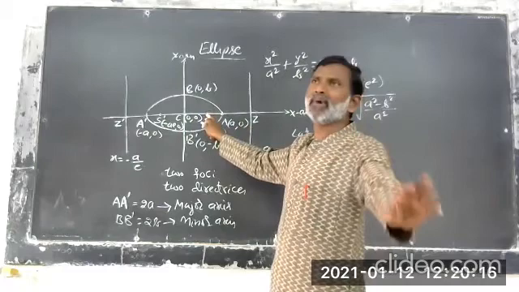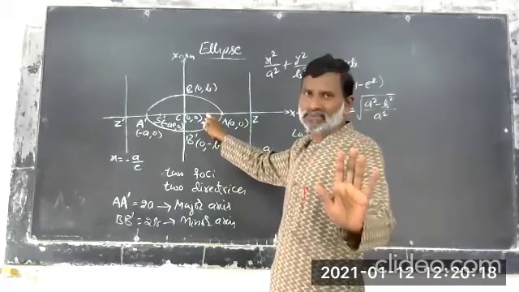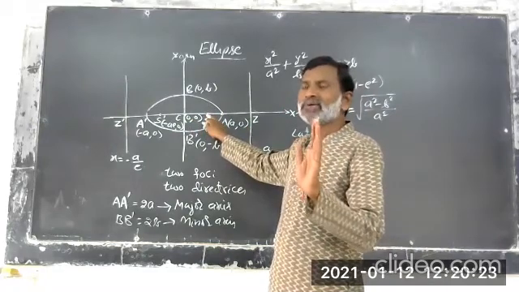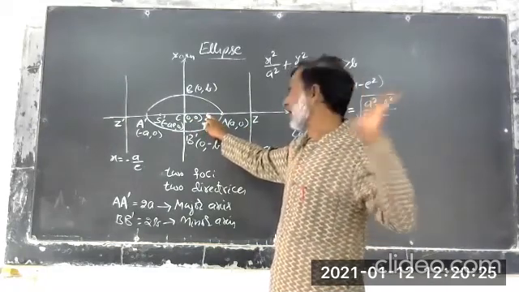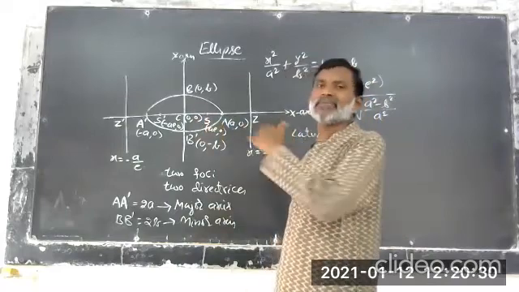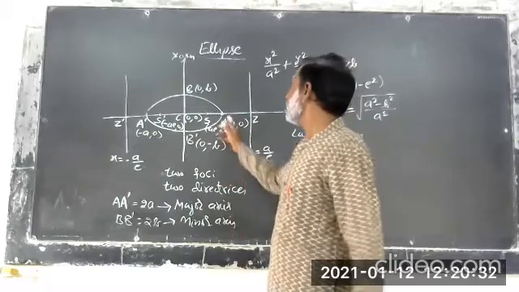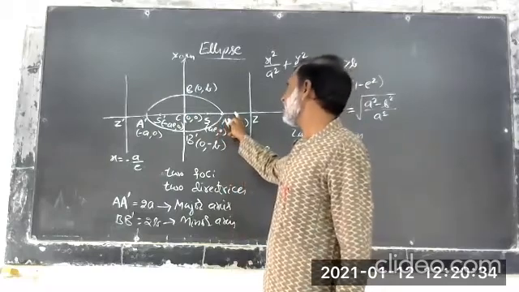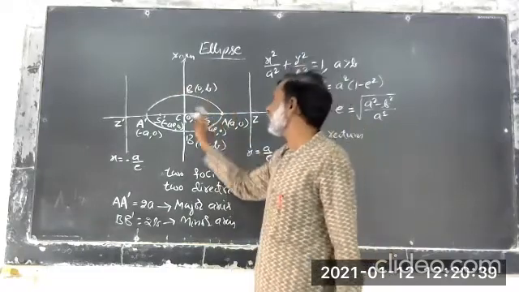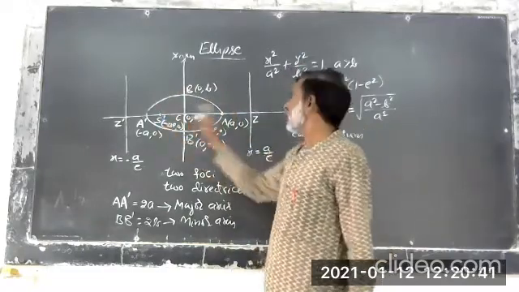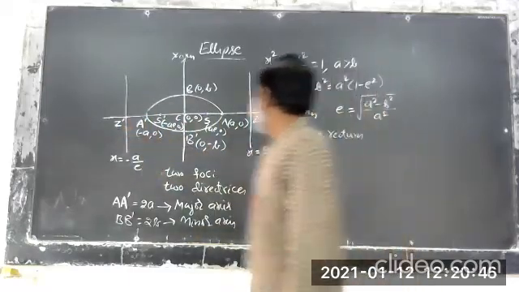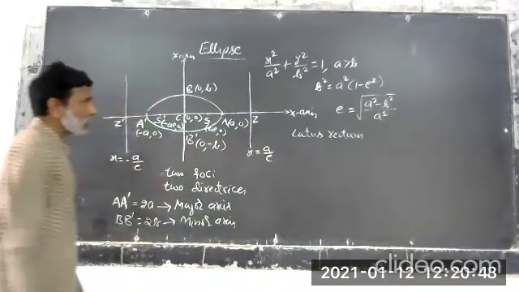In the case of a parabola, there was only one focus, as the parabola was symmetric with respect to either the x-axis or the y-axis. Therefore, we had only one axis of the parabola. Here, the ellipse is symmetric with respect to both coordinate axes. Therefore, we have two foci and two directrices.